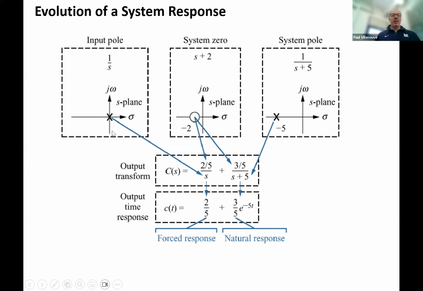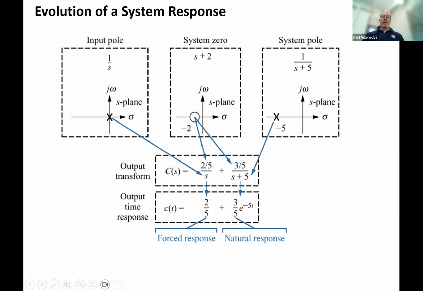So what you see is this term over here just does the steady state output. That's the forced response. That one is what we see in the output. The zero over here only affects the magnitude of those two terms, how high up they go. It has no impact on the time domain response other than amplitude adjustments.